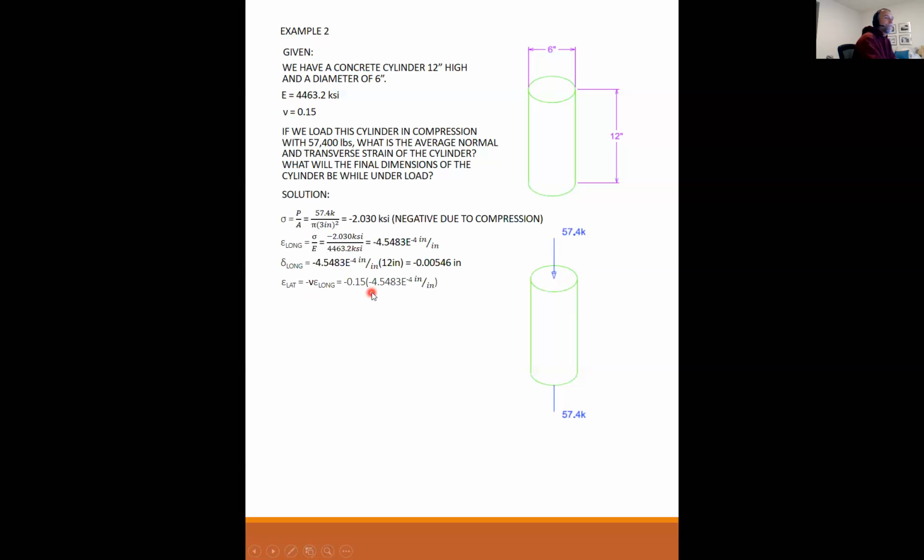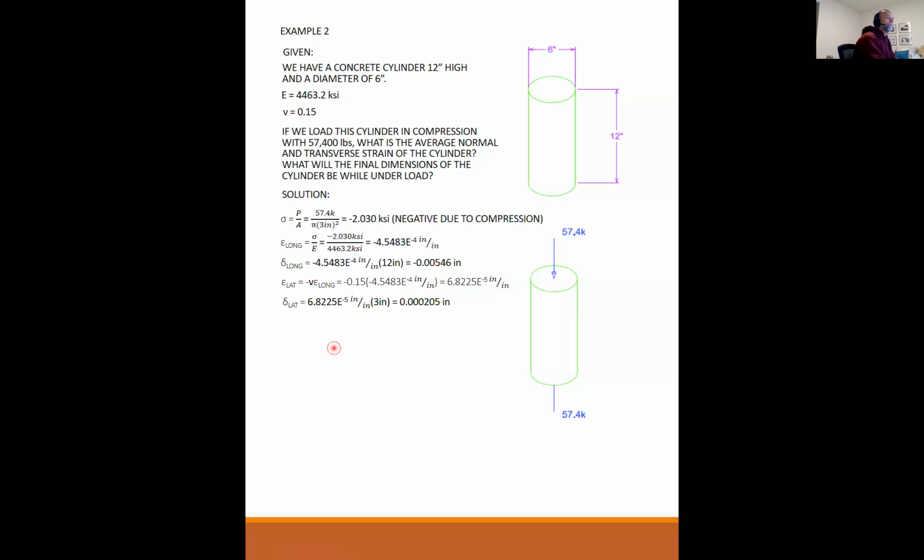But recognize, if my longitudinal strain is negative, my lateral strain is positive. It's always the opposite. So my lateral deformation is my lateral strain times the radius, which is 0.00205 inches.